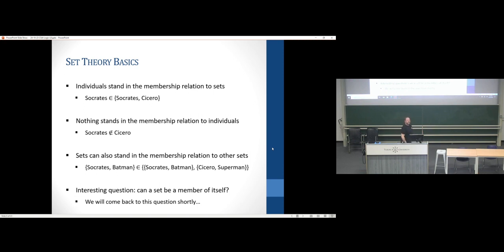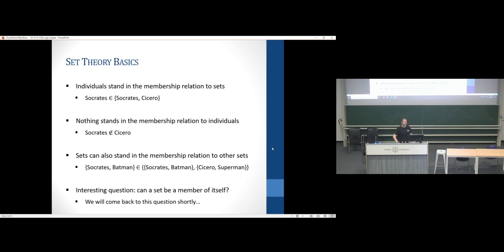Could we say that a set of Batman and Cicero would be an element of the big one? Yes, yes, yes. It's a member. We can talk about it being an element or a member. Either bit of terminology is perfectly fine there. I mean, the set Batman and Cicero. Yes, together. Can we separate those sets?